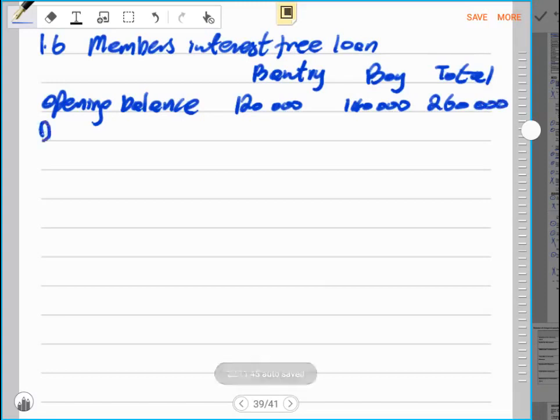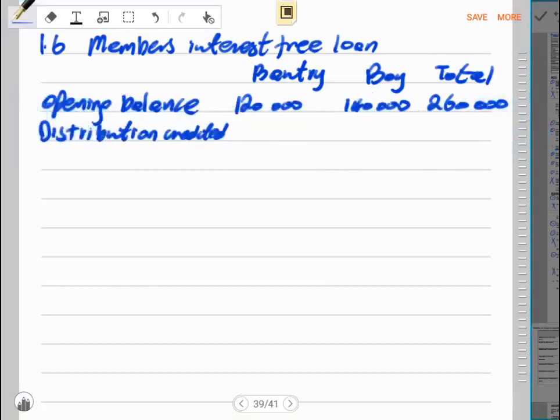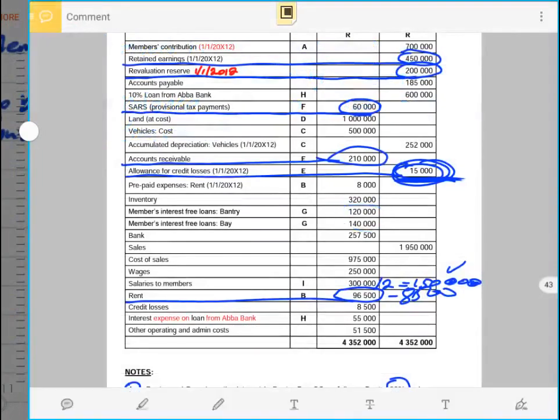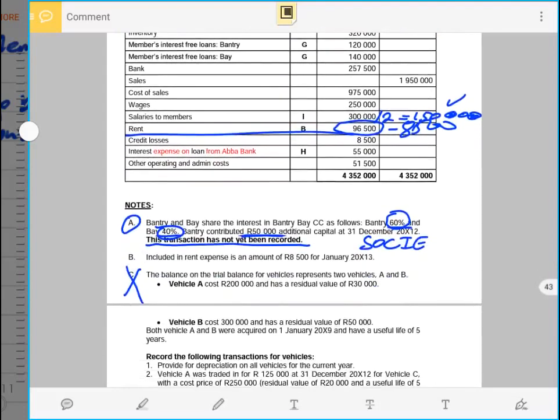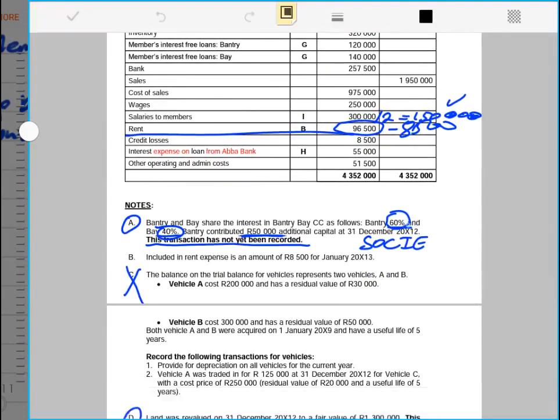Then there was a distribution that was to be credited. Distribution credited. And the distribution was an amount of 120,000 rands, which had to be split using the members' interest of 60:40.